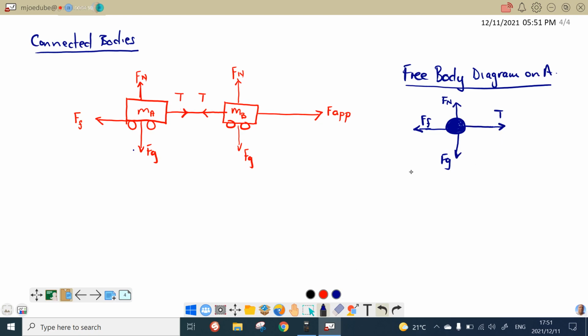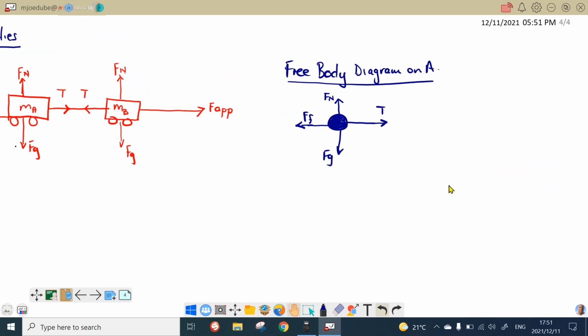And then the free body diagram of the forces that are acting on body B. So the free body diagram on B. So you've got the object, this is object A, and this is object B. Right?